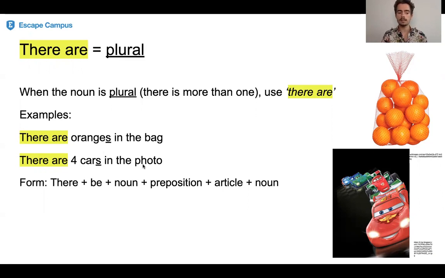So the form is the same, but the verb to be changes because it is plural. We use are. So there are. We then have the noun in the plural form, with a preposition in, article the, and second noun back.